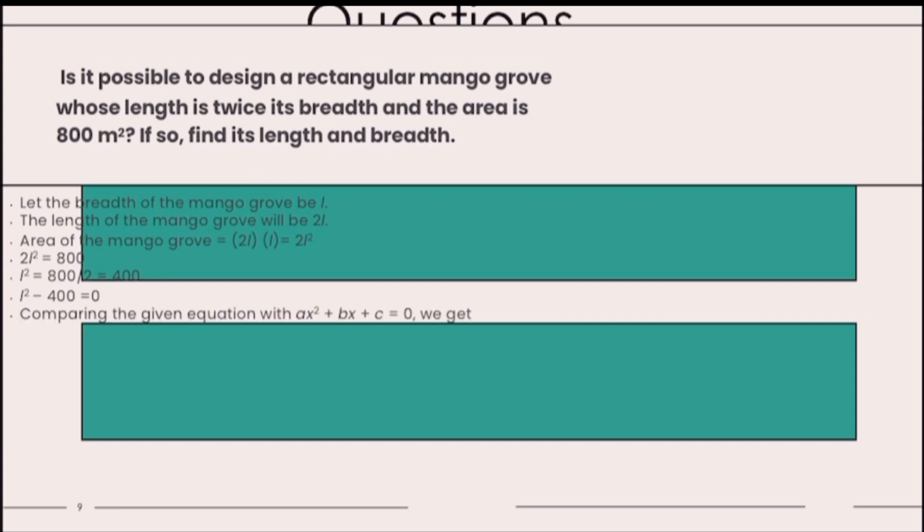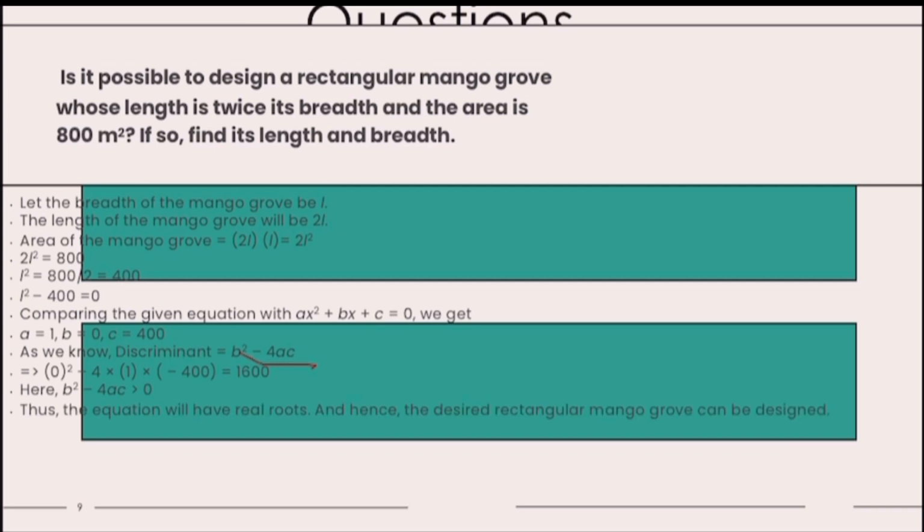By putting it in the equation, don't forget ax square plus bx plus c is equal to 0. We'll get a equal to 1, b is equal to 0 and c is equal to minus 400. By using b square minus 4ac, 0 square minus 4 into 1 into minus 400, we will get 1600. b square minus 4ac is greater than 0, so there will be real roots and the rectangular mango grove can be designed.